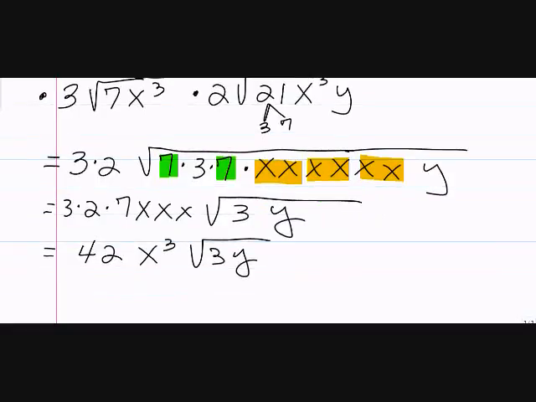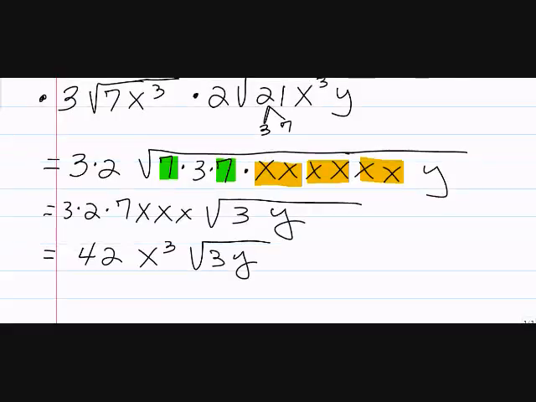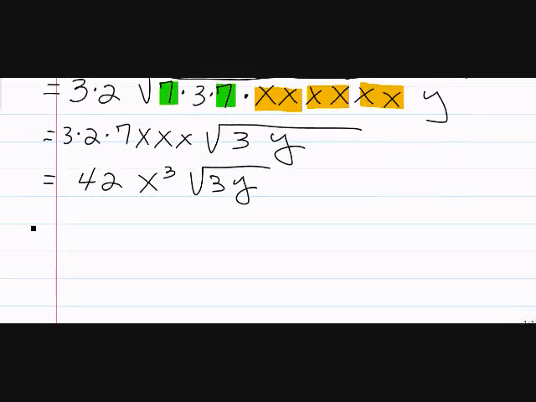Okay, we'll do one with a cube root. So let me find a nice one. Okay, cube root. Don't think I'm going to make it quite this.